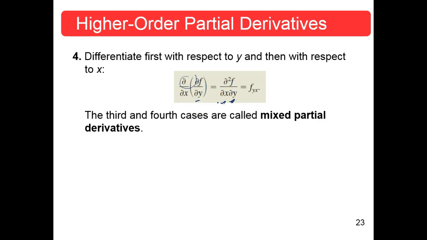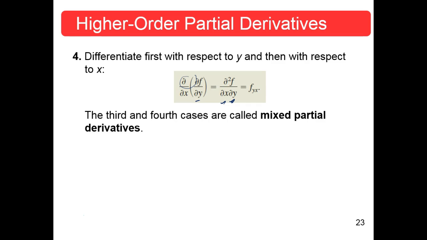Just the same way you write the order the other way. But what's different about it is the partial you do first here, the partial with respect to y, you put the y right by the f, because that's the partial you did first, and then you do the partial of that result with respect to x. So that's reflective of what's going on.